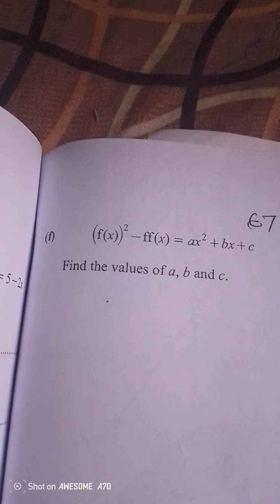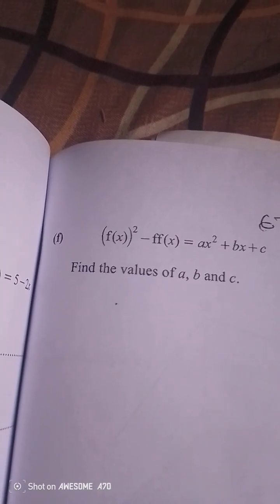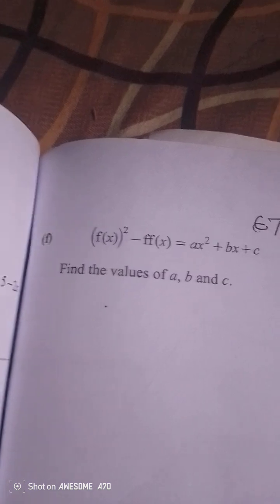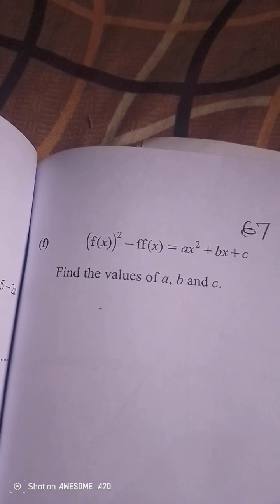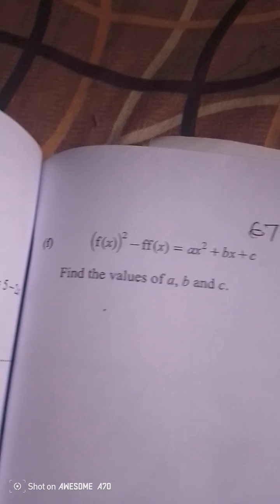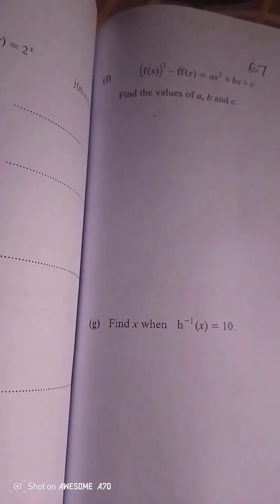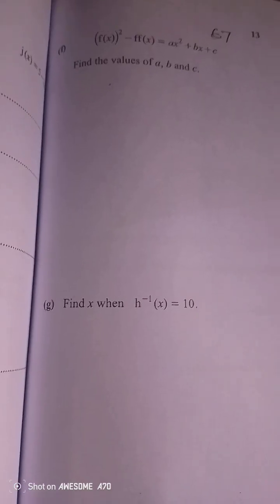F, f of x all squared minus f of x is equals to ax squared plus bx plus c. Find the values of a, b, and c. Then G, find x when h inverse of x is equals to 10.